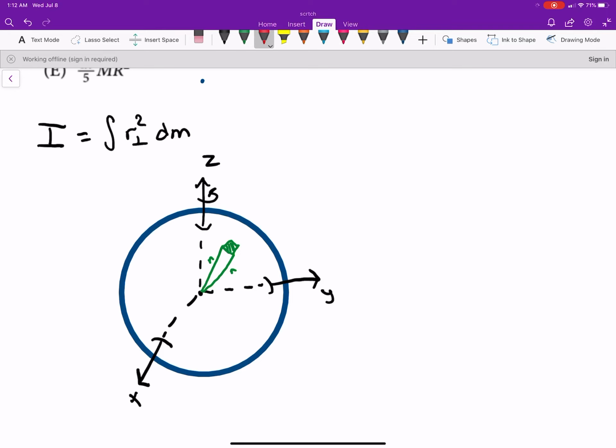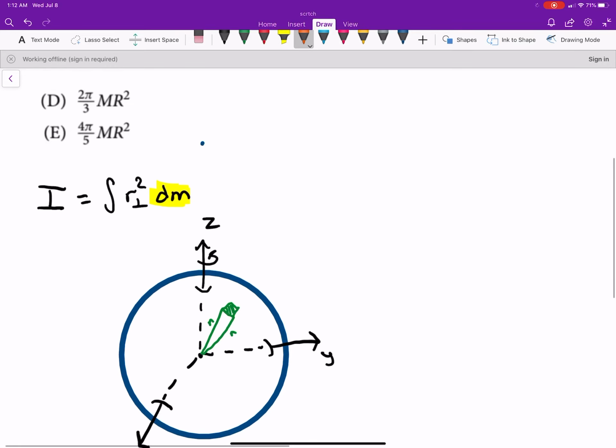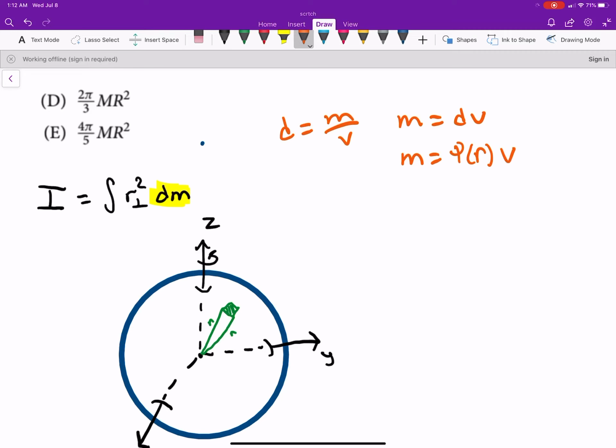Actually, before we do that, we should probably mention, looking at this integral, you don't want to integrate with respect to dm. That's not good. Instead, we'll use the fact that density is equal to mass over volume, or mass is density times volume. Density, we know, is just rho of r, times the volume.